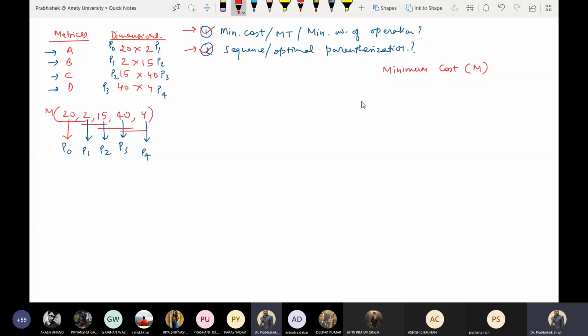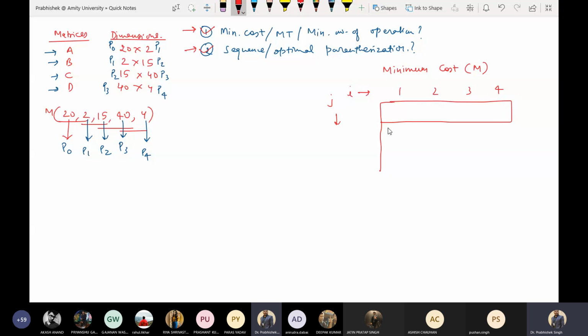First of all, ask yourself, how many matrices are there in total in this question? There are 4 matrices, so we have to draw the table in this form: 1, 2, 3, 4. This row represents I, and J represents the column.